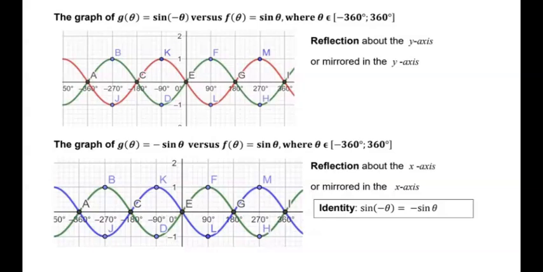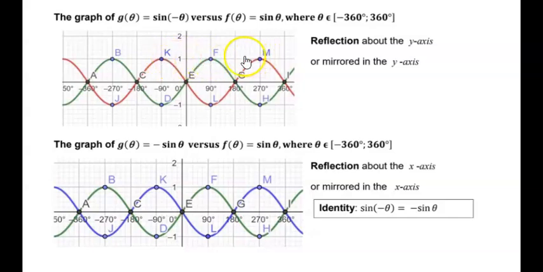To summarize the reflections, I've included again the first graph, the one of sine minus theta, the red graph, versus the blue graph, which is minus sine theta. And we see that the red graph is a reflection about the y-axis, because what happens here happens there now.